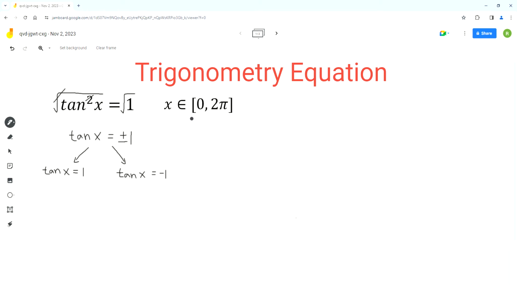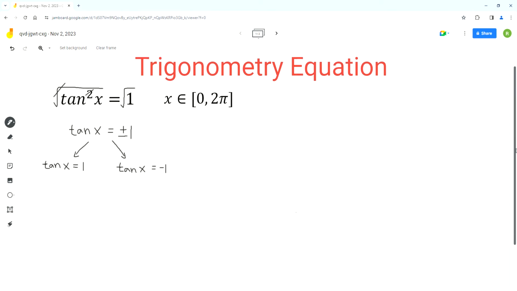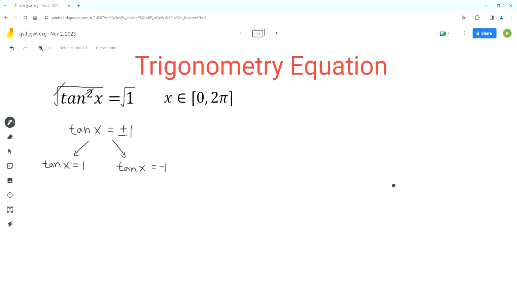Now since the given domain is in radians, the final answer for x should also be in radians, not degrees. So let's start with the positive case. So tan x is a positive value. So here we can use the CAST rule, the ASTC rule, or all sad turtles cry rule to identify the quadrants in which x can lie.